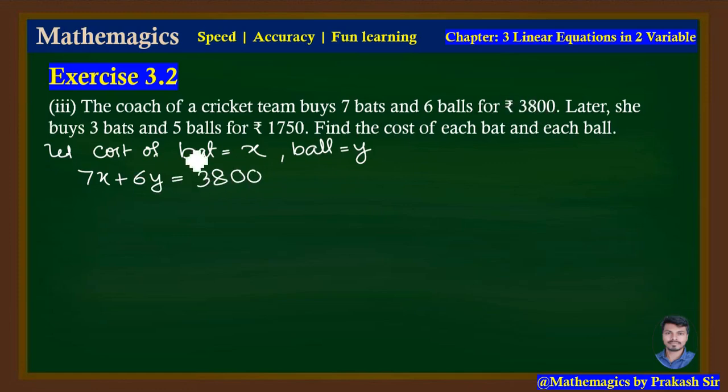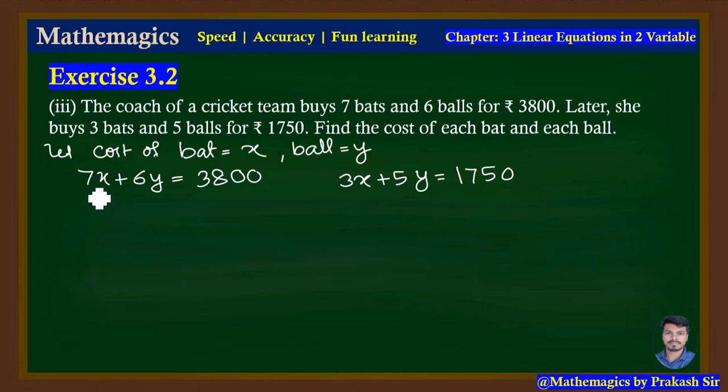Later, she buys 3 bats, which means again 3x plus 5 balls means 5y, and the sum is equal to 1,750. Question is asking to find the cost of each bat and each ball. It means we are going to use the substitution method to find the answer.